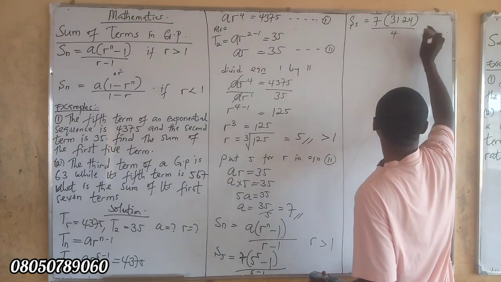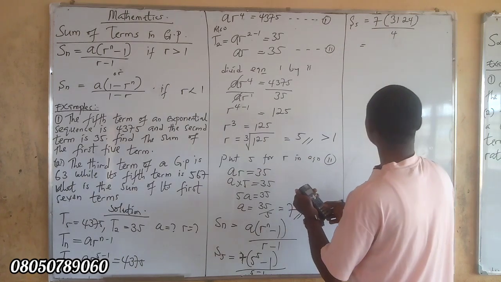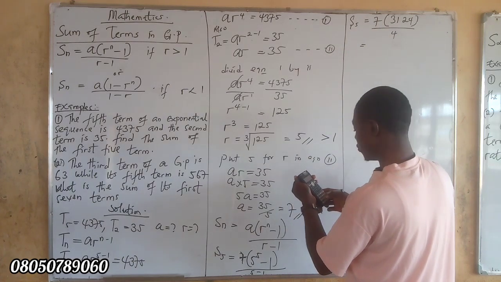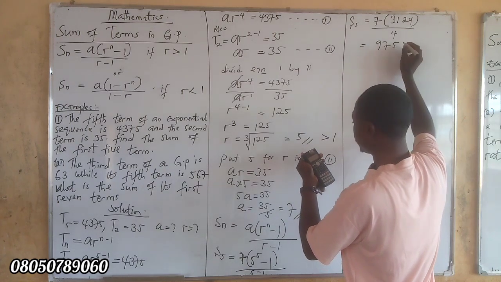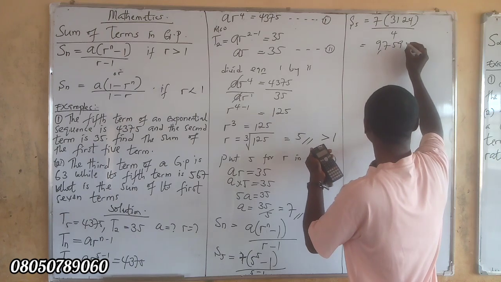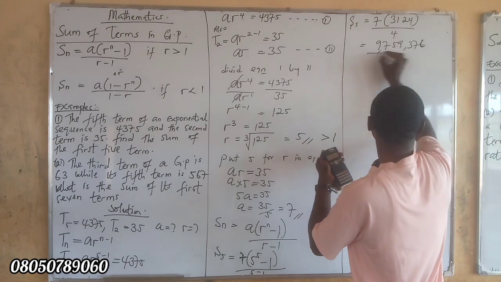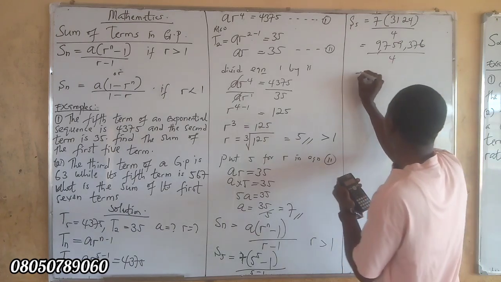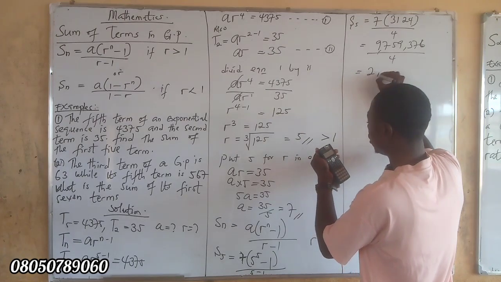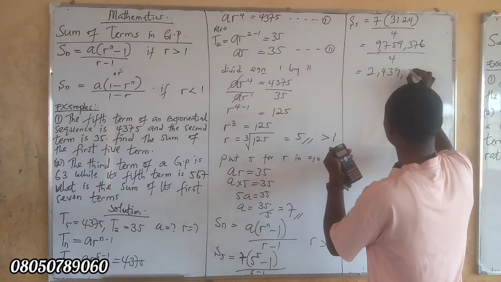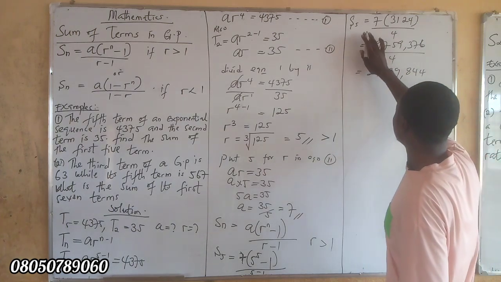So this is going to be equal to 7 times 3124, which gives us 21,868, all divided by 4. If you divide it by 4, you are going to have 5467. Now this is what you are going to get as your sum.